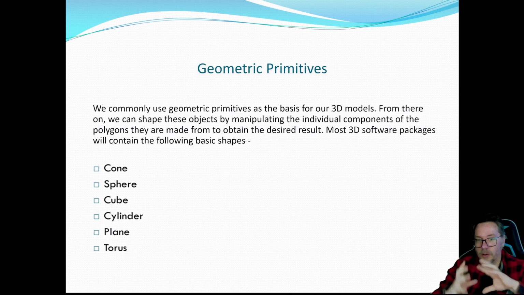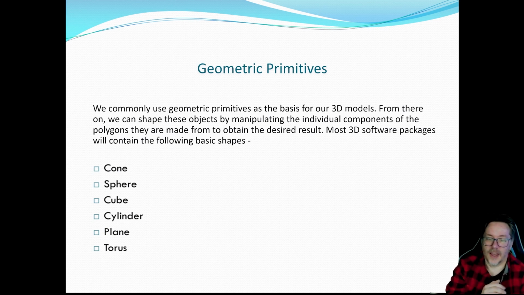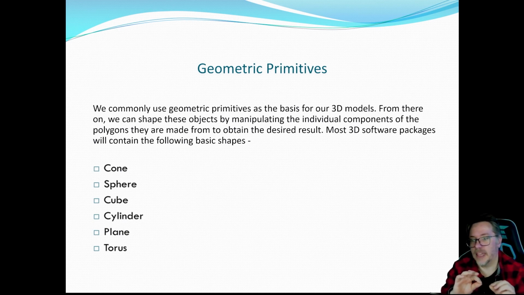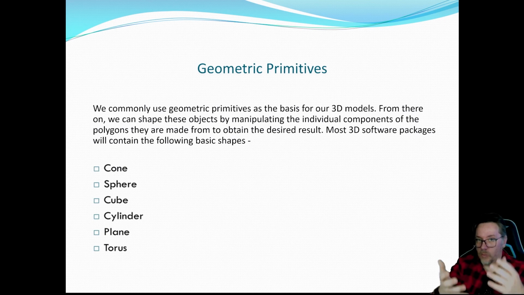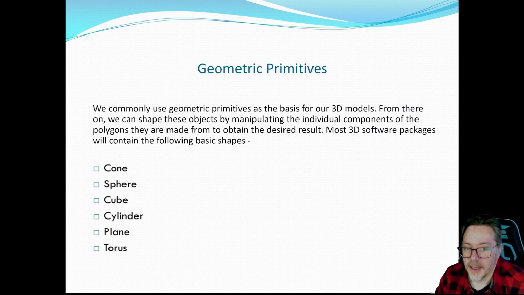So when I'm talking about primitives, and these obviously are the objects, or the shapes that you can create, it's easier to create something from these primitives that are already made, and then either combining them or manipulating them or transforming them to suit something that you're trying to create.